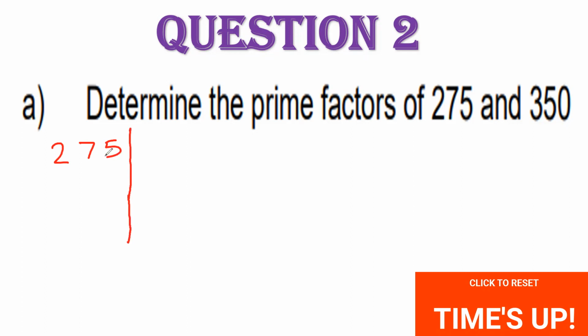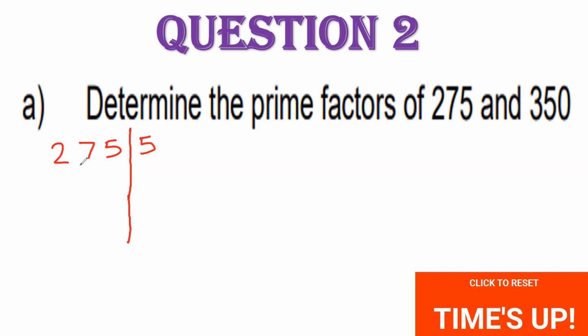But this number is not divisible by 2, so let's try 3. Is 3 okay or not? Let's check. How do you know if it is divisible by 3 or not? You add the digits, but 3 will not work either. 4 will not work. Straight away, we go to 5. So divide by 5. What can we get?